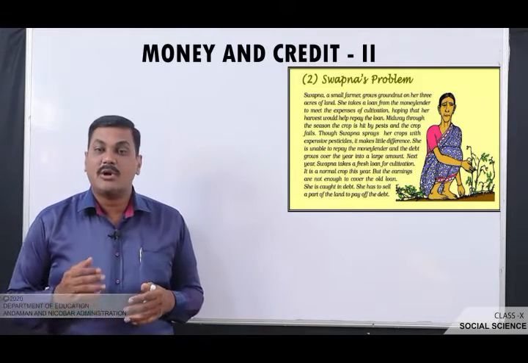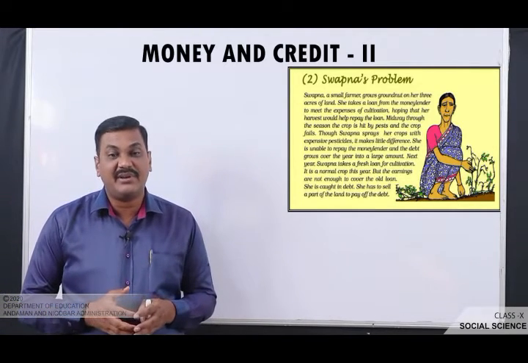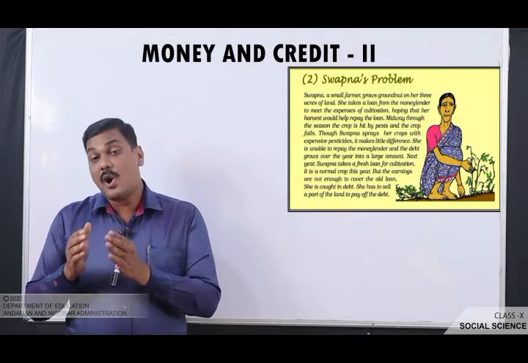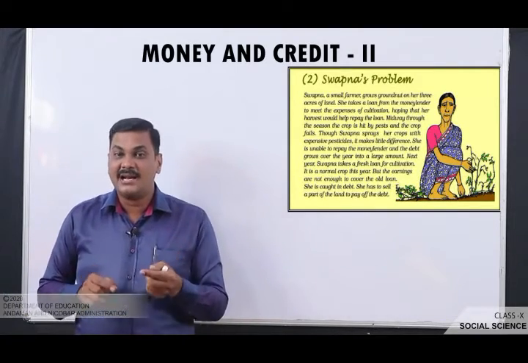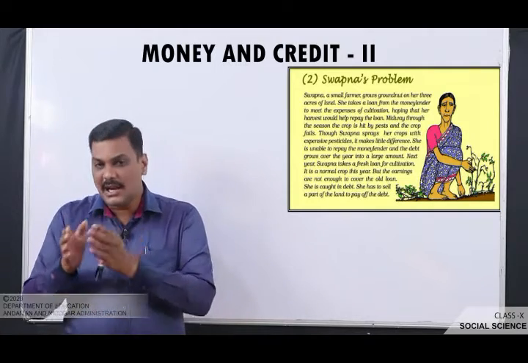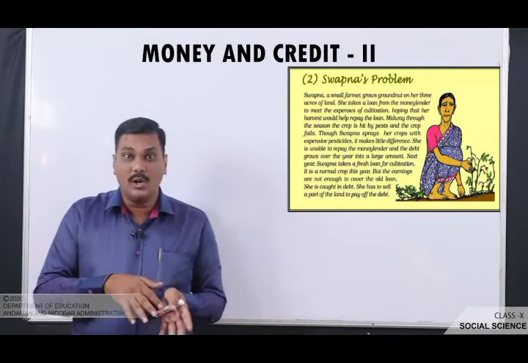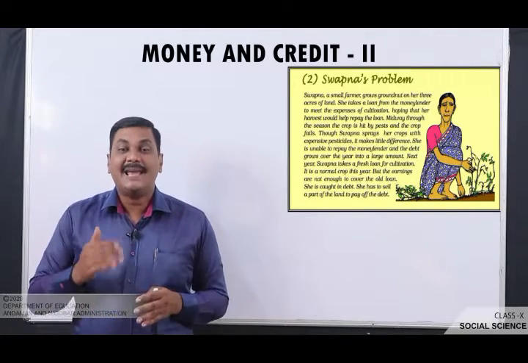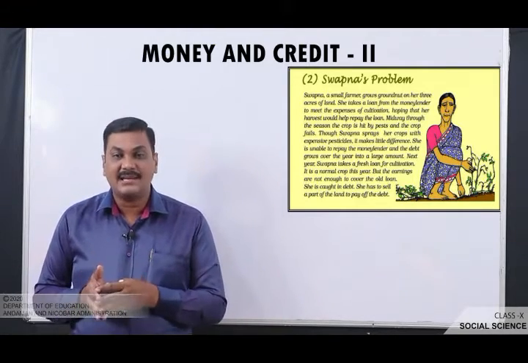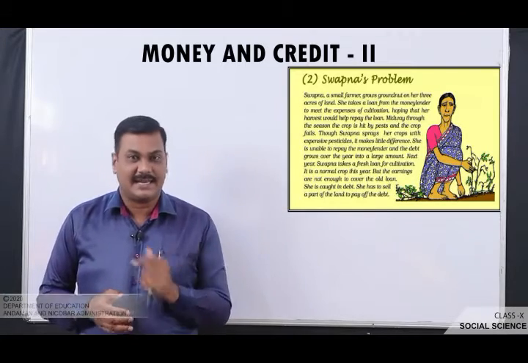Next year, Swapna takes a fresh loan for cultivation. It is a normal crop this year, but the earnings are not enough to cover the old loan. She is caught in debt. She has to sell a part of her land to pay off the debt.